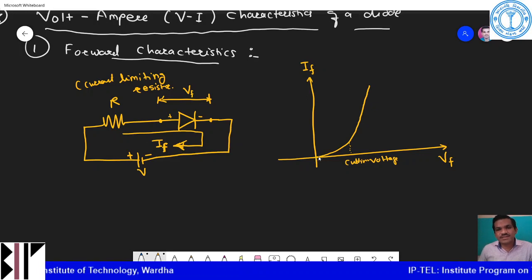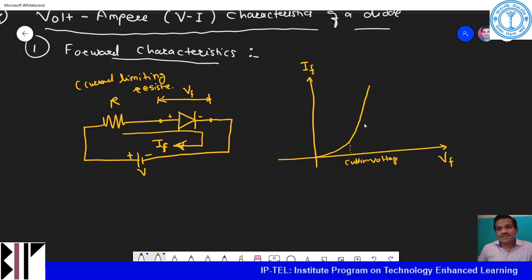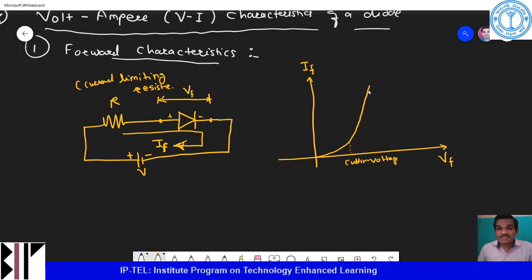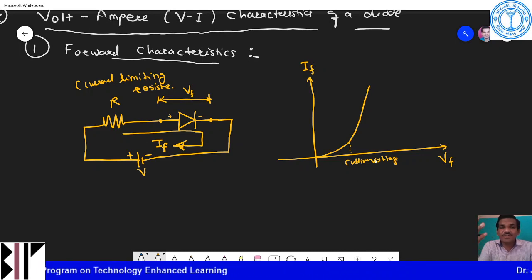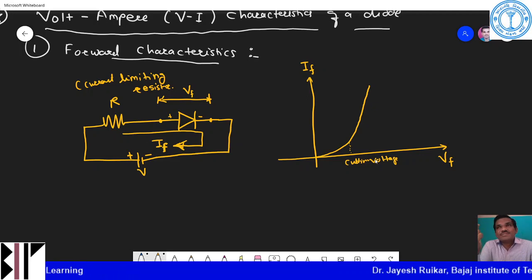So this current will be very small, and then it increases exponentially after the cut-in voltage is exceeded. For silicon, the cut-in voltage is from 0.6 to 0.7 volts, depending upon the diode.